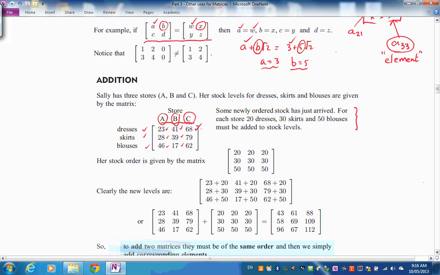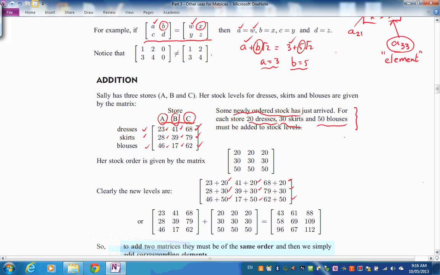Store C, 68 dresses, 79, etc. Now, some new stock has arrived, and each store must have 20 dresses, 30 skirts and 50 blouses added. So here, the new levels would be adding 20, 30 and 50 to each store.